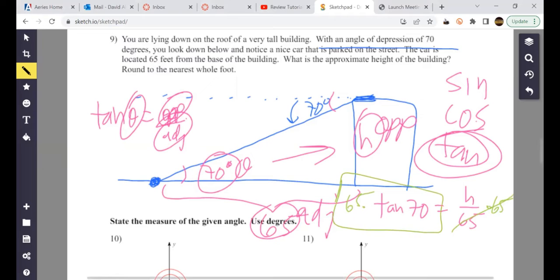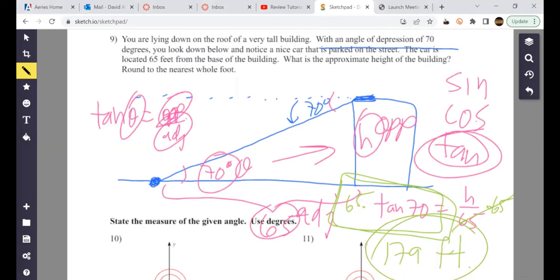What I'm doing now, that you can't see because my camera is off, is typing in 65 times tangent 70. And my calculator says about 179 feet for the height of the building, which was the goal. So to the nearest foot, about 179 feet for number 9.